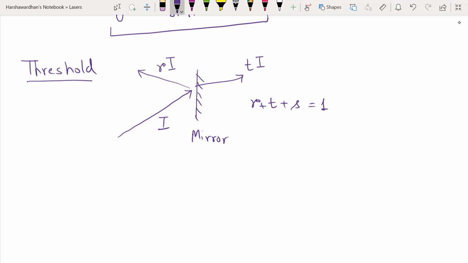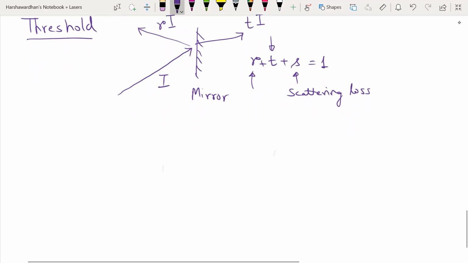So R is the reflection coefficient, T is the transmission coefficient, and S is the scattering loss. And this could arise in two different ways. For example, the mirror itself could be absorbing, or it could scatter the radiation in a non-lasing mode, and such losses also will be accounted for in this small s, which accounts for the scattering loss. This is my model for individual mirrors.